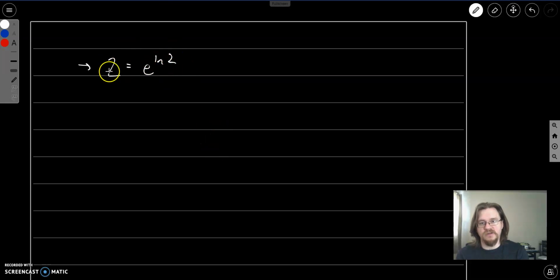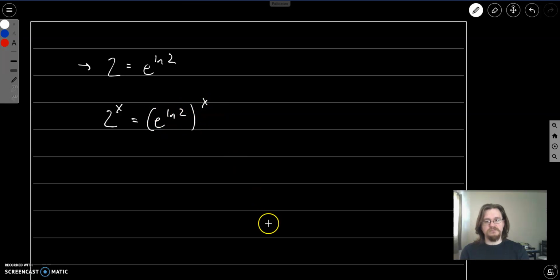Okay, so far, so good. I can raise both sides to the x power. Okay, and what happens when I take an exponent raised to an exponent? This is going to be e to the natural log of 2 times x.